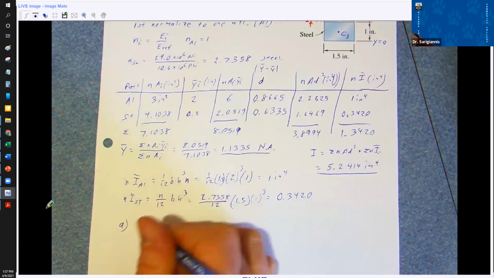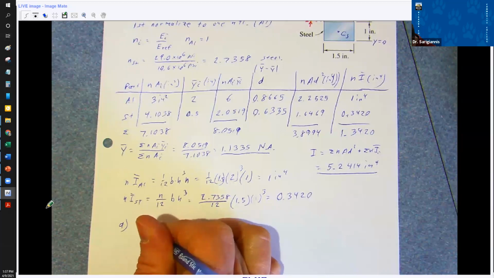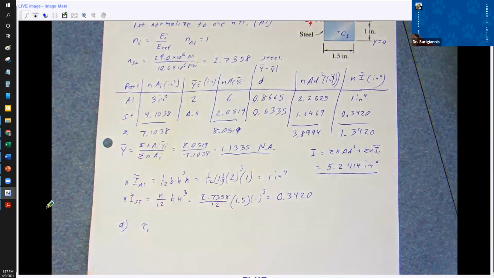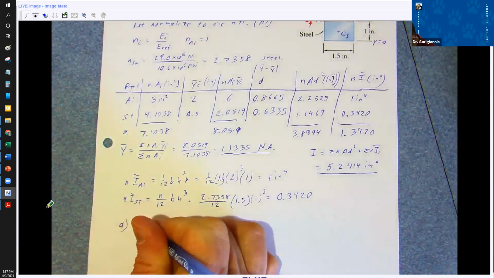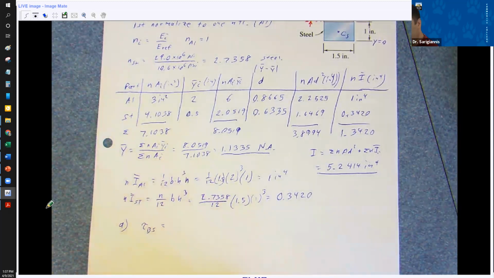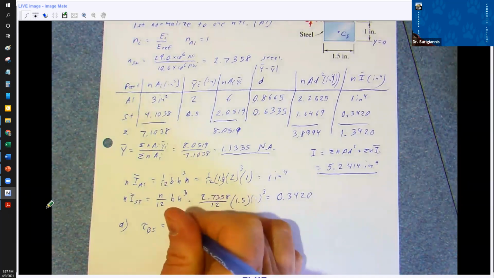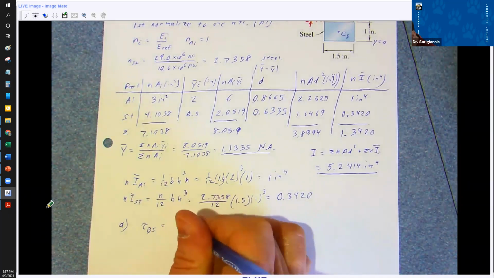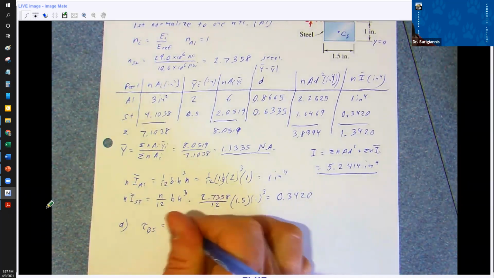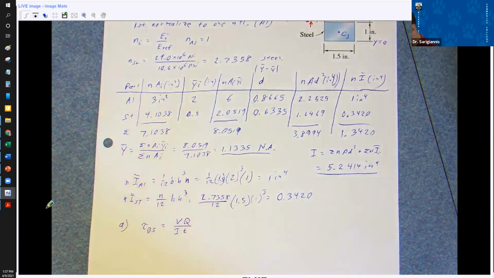So tau, I'll call it the bonded surface, tau BS. It can be V Q over I T.